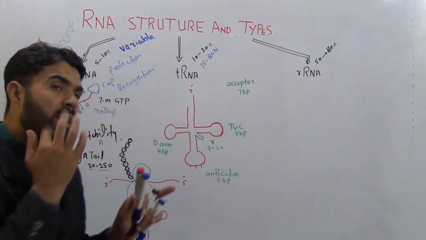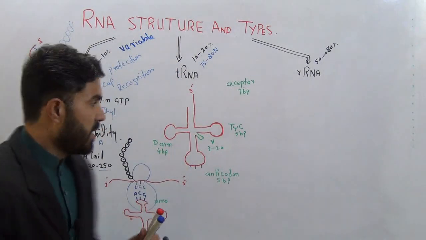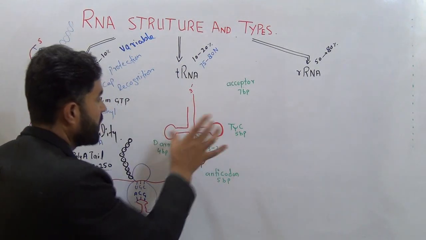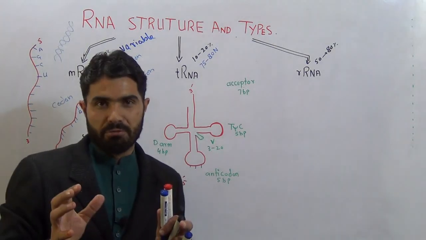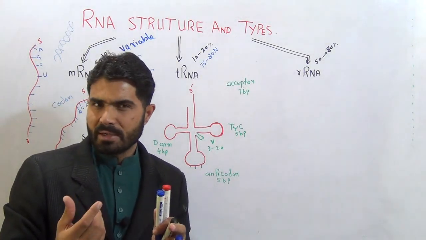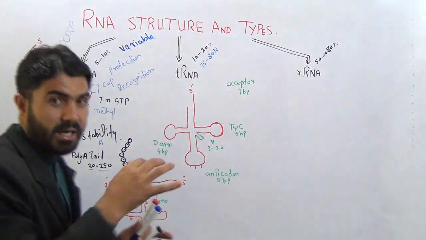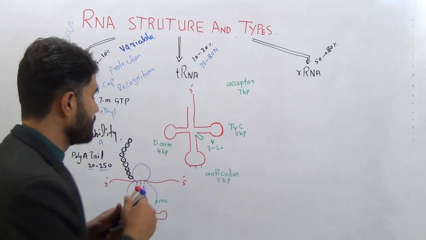Now, the structure of transfer RNA is important as well. The transfer RNA structure looks like a clove. You might have seen the botanical structure, clove, C-L-O-V-E, a kind of fruit of a plant.